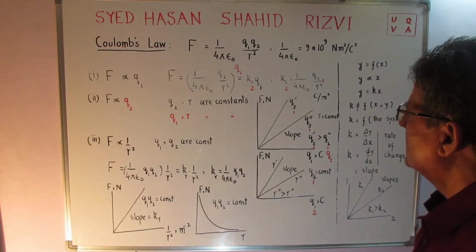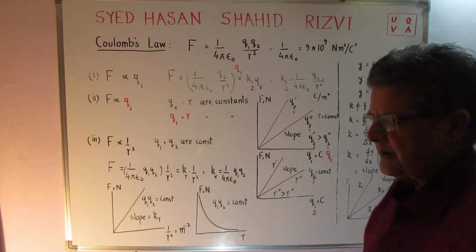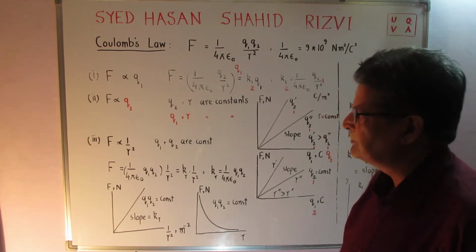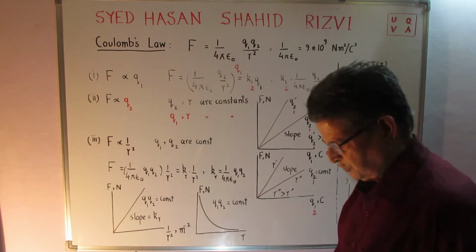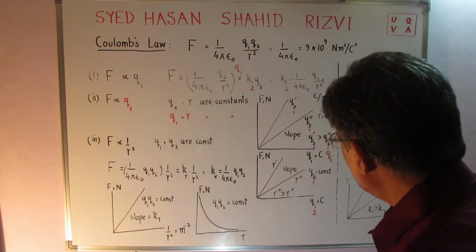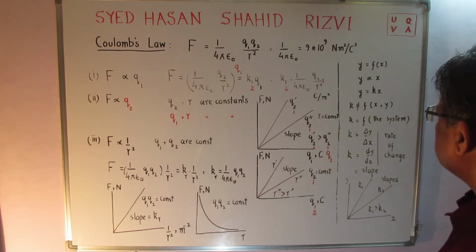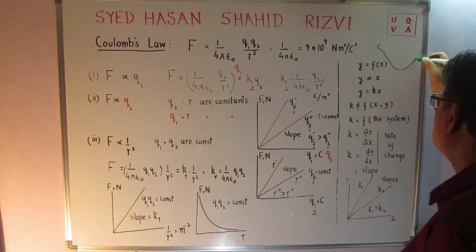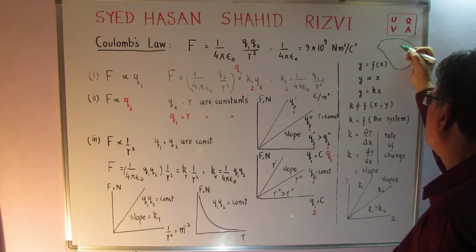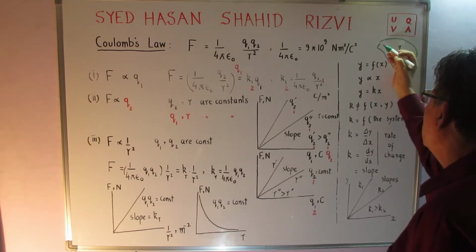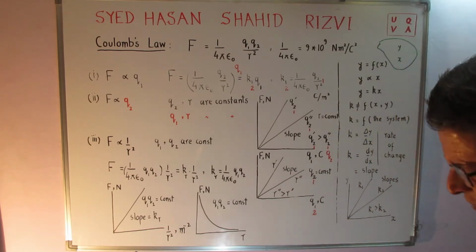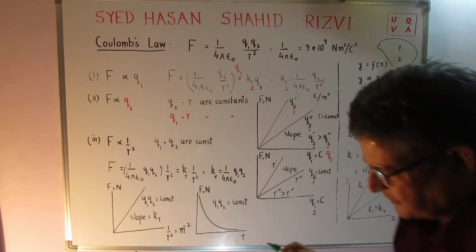Now let us try to understand it better with the systems approach. Remember, I had a system with two variables, y and x, only two variables, nothing else. This was an isolated system.